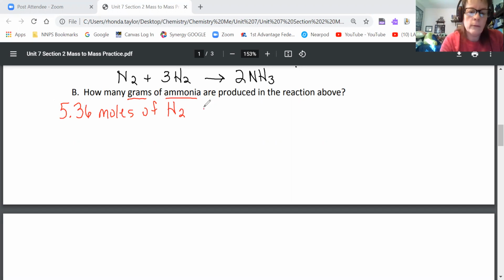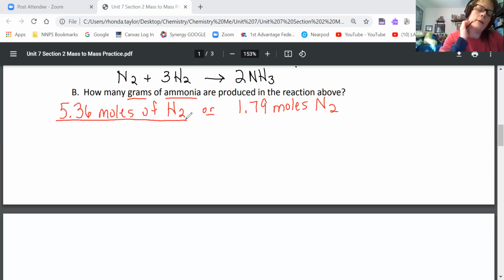Or in the problem above, it said that we had 50 grams of nitrogen, which we calculated out to be 1.79 moles of N2. Now, you can use either one of those. I guess since we had to calculate the hydrogen, and that was the answer to the last one, we did it in grams, but at this point, we need to figure the mole ratio. So we've kind of already eliminated step one. So we just won't even worry about this part.